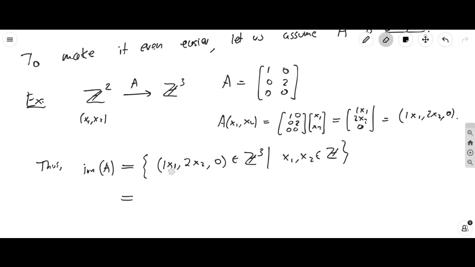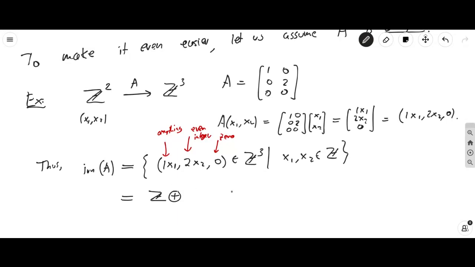Now, let's write this out. Notice the first coordinate could be anything, because x1 could be anything. But the second coordinate has to be an even integer, because it's a multiple of 2. And the third coordinate is always going to be 0. So a convenient way to write out that subgroup is like this. The first coordinate could be anything, so we just write Z. Then we do plus. If you want to, you can also do times, because when you're dealing with a finite collection of groups, whether you use the direct product or the direct sum does not matter.